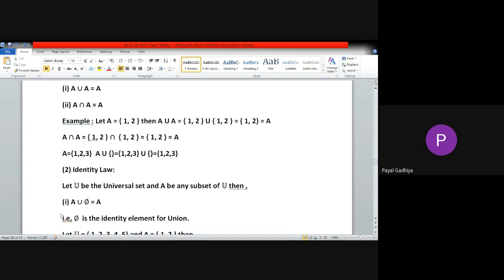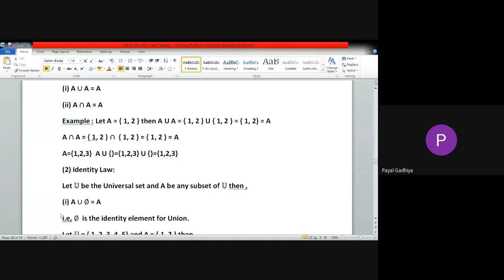Like identity element means what? Let me just clear it out, because we have some regular operations like let us take addition. So what will be the identity element for addition? That means any number I'm taking, suppose I'm taking 5, what should I add with 5 and it will give me the same 5?